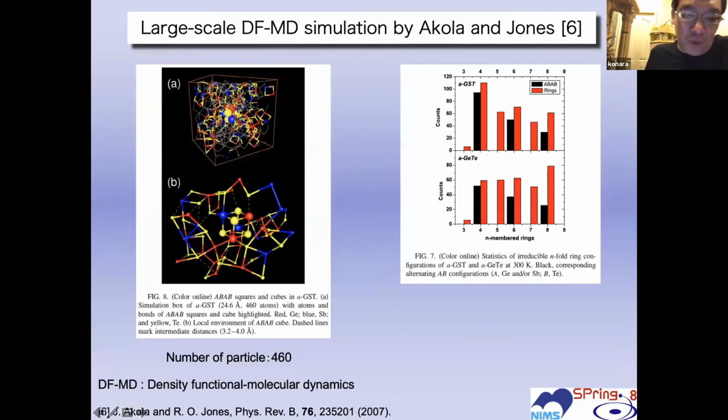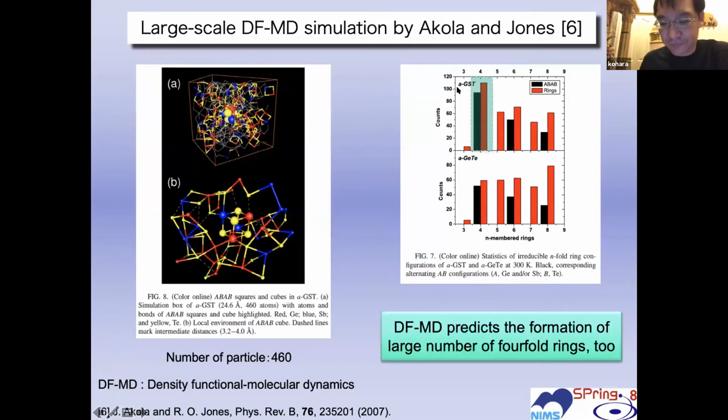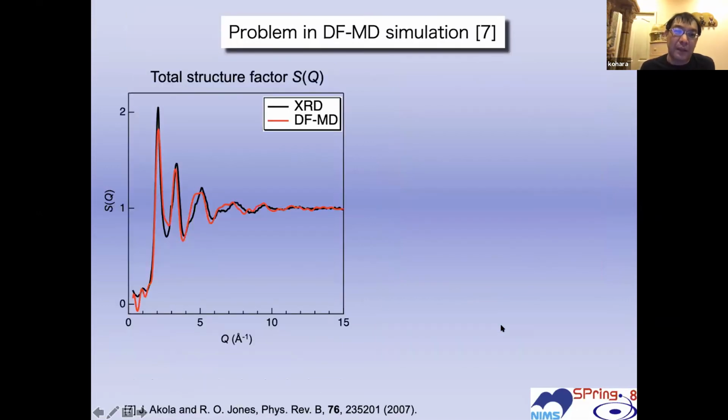And as Bob introduced in his talk, in 2007, they also found a large fraction of four-fold rings. So very good, reliable DFMD also predicts the formation of a large number of four-fold rings. So the conclusion is almost the same. But Bob and we compared our configurations.